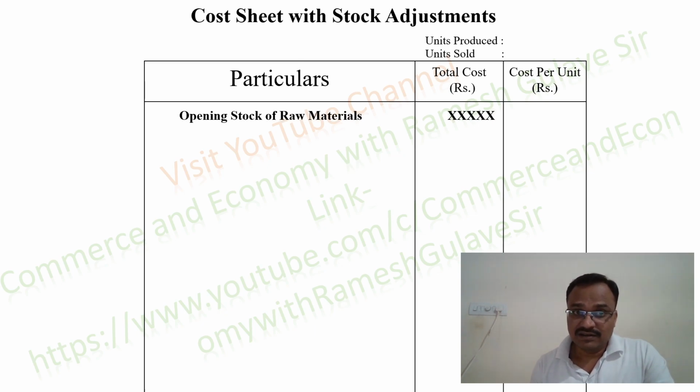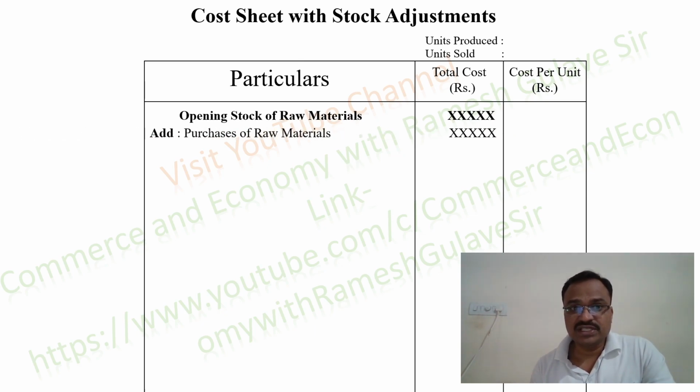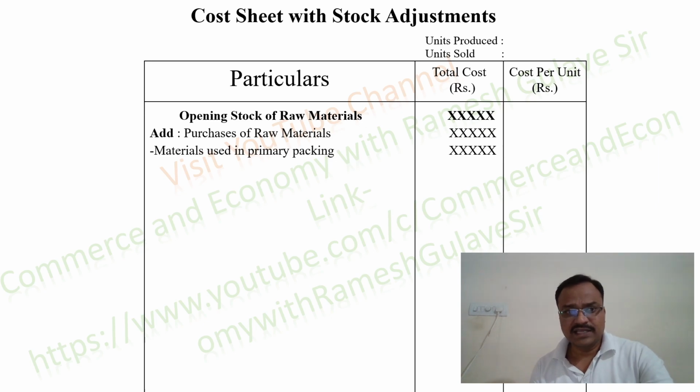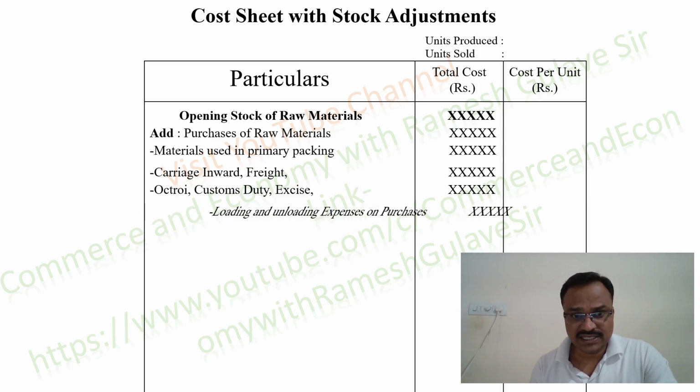Now see what is in the cost sheet with stock adjustment. Here we prepare the cost sheet with stock adjustment, starting with the opening stock of raw material. We add purchases of raw material to it. Then materials used in primary packaging are added. Then carriage inward and freight inward are added. Then octroi, customs duty, excise, etc. are added.